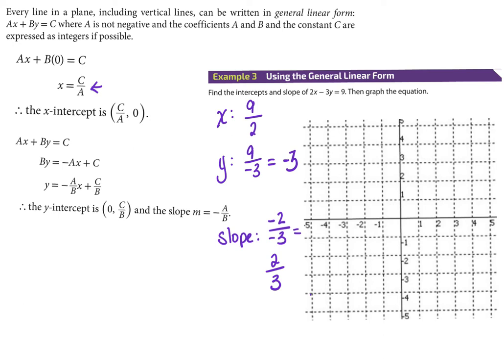All right, graphing. 2 ways to graph here. I have 2 points. I have where it crosses the x-axis and where it crosses the y-axis. I can do that. Or I have my y-intercept and my slope, right? So really when I have these 3 pieces, I can graph a multitude of ways. If I want to put in my intercepts, I'm going to say negative 3 for my y, 9 halves is going to be what, 4.5 around here.